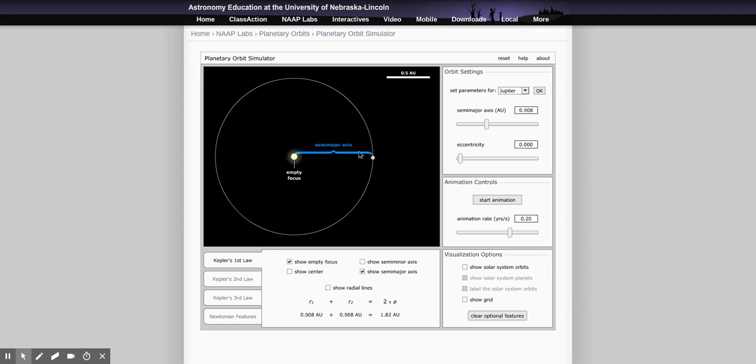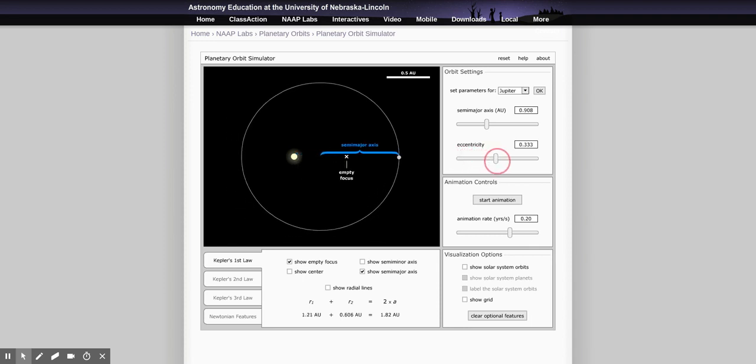Maybe this is a better way to show it. An ellipse, however, is defined by not one center but two foci and a semi-major axis, which is the distance from the orbiting object to the exact middle point of the ellipse.